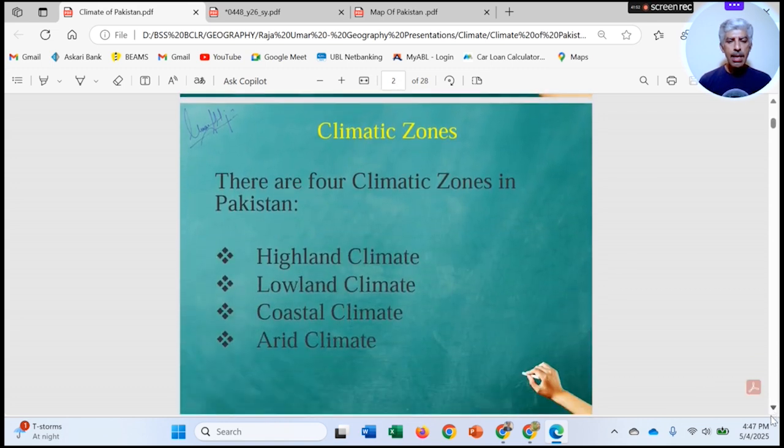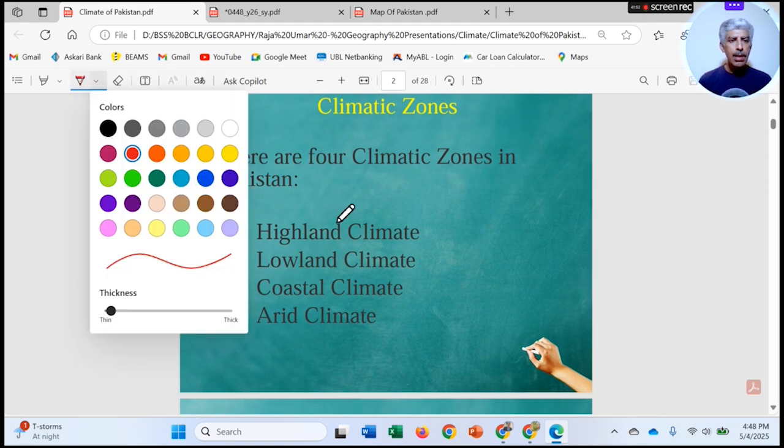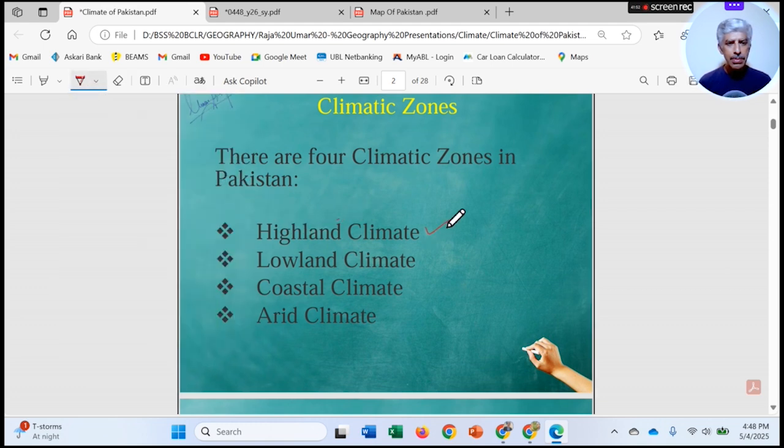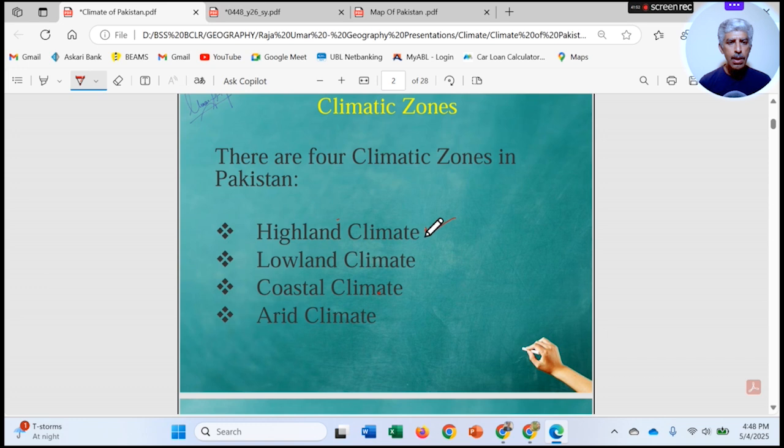So here we have the climatic zones first. There are 4 climatic zones in Pakistan: highland climate, lowland climate, coastal climate and arid climate. Highland, mountains.